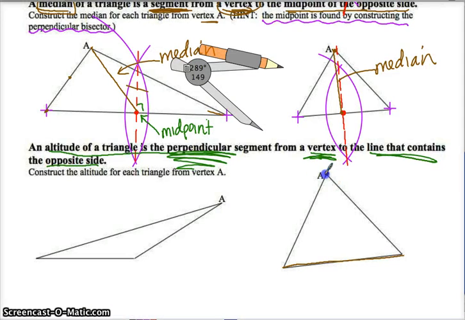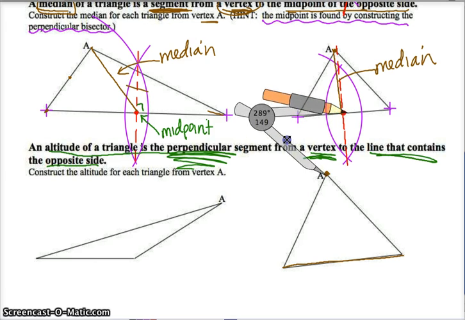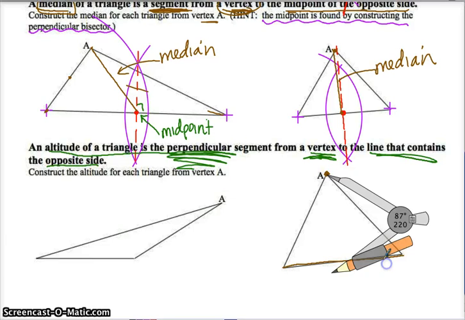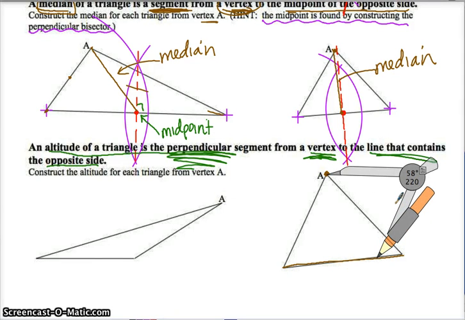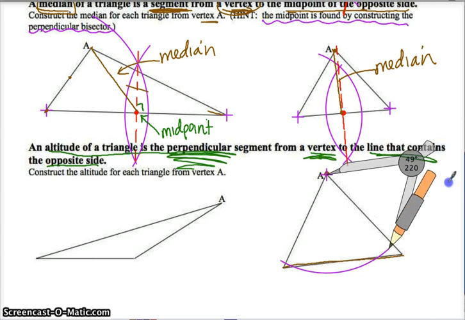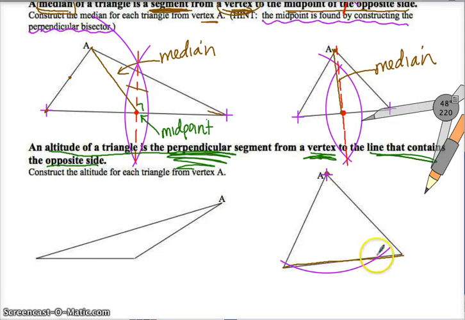We're going from this point and we're intersecting this segment right here. So remember, the first thing we do is we take our compass, we put it on the end point here, and we have to open our compass so that when we do the swoop, it intersects that base or that line segment in two places. So here's one place and here's the other.